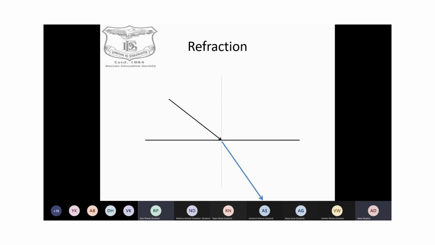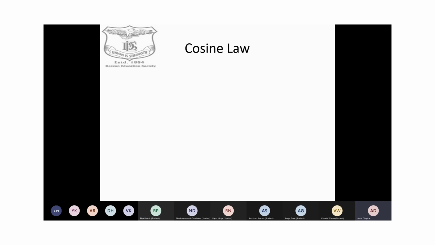The third law is something new over here. So we have the cosine law. This is the surface and your normal.